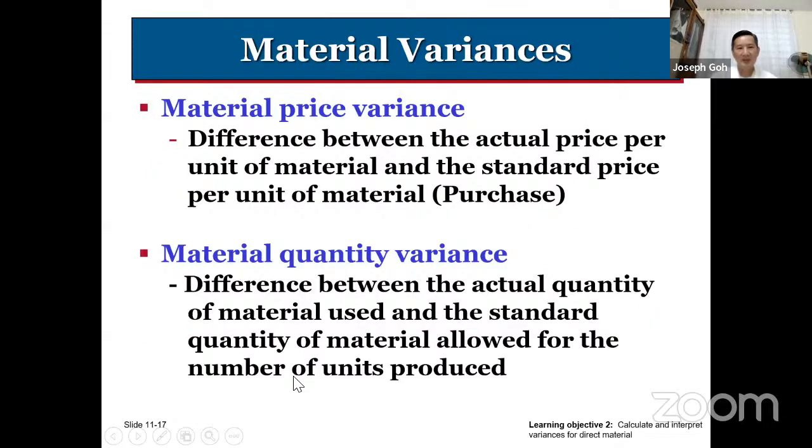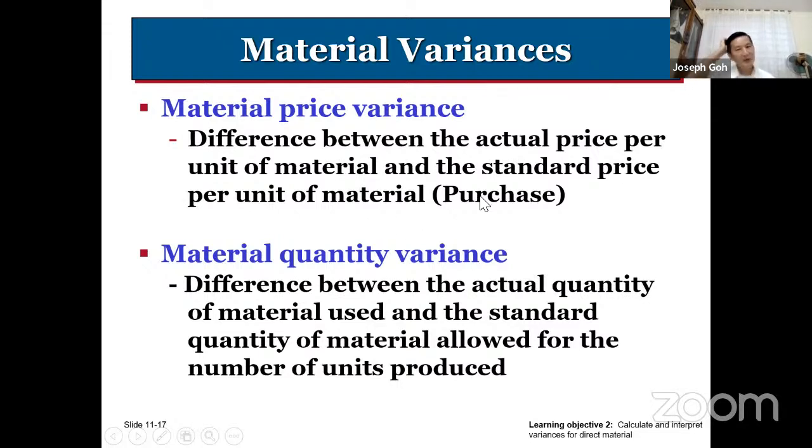Okay. Material variance, it can be the material price variance. It's the difference between the actual price per unit of material and the standard price per unit of material. So it's very easy. Example, you buy a veggie. The actual price of the veggie you buy is $1.20 and the standard price you set is $1.